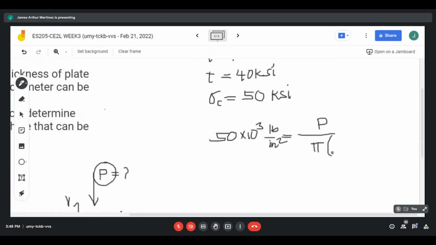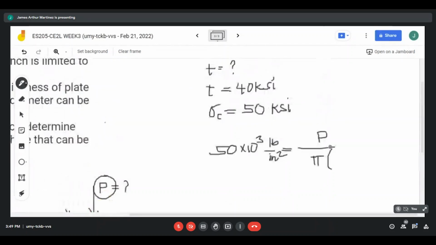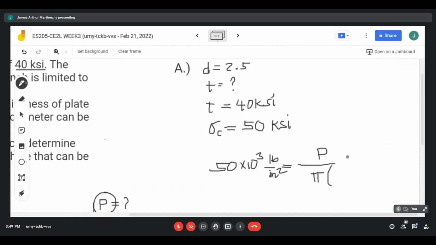The diameter of your hole, or the circular slug, is 2.5, so 2.5 over 2, squared.